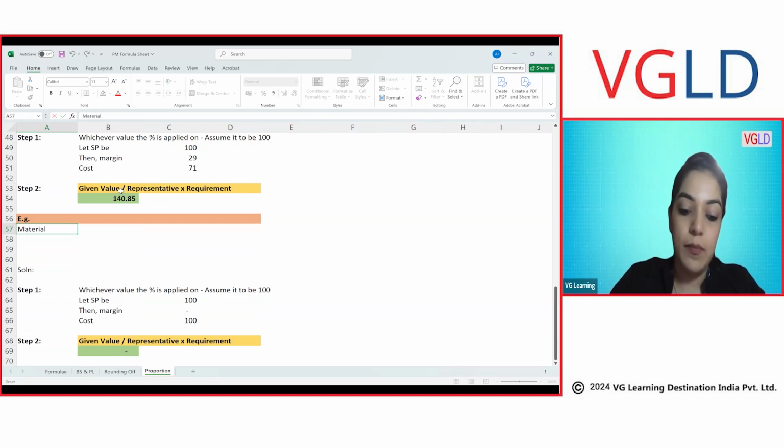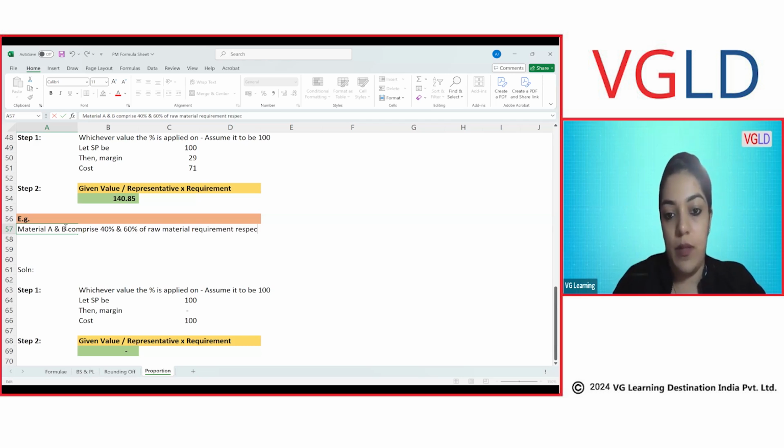Material A comprises 40% and material B 60% of the raw material requirement respectively.